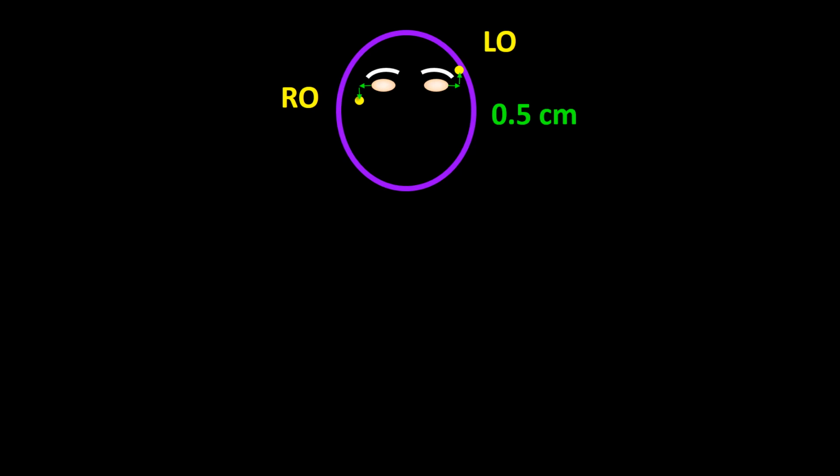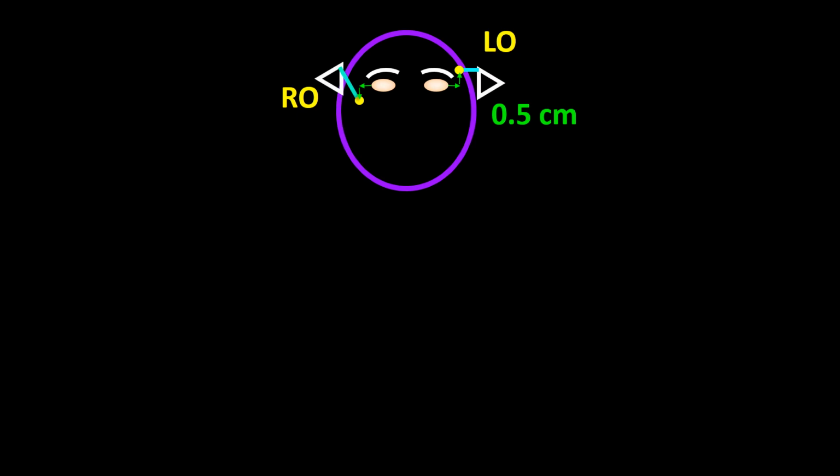The right ocular electrode is placed 0.5 centimeters lateral and down from the corner of the right eye. The left ocular electrode is placed 0.5 centimeters lateral and up from the corner of the left eye.